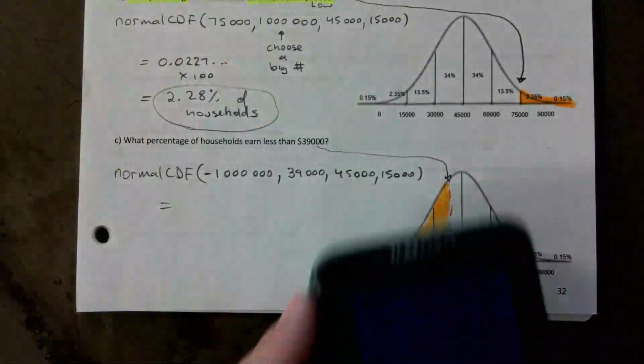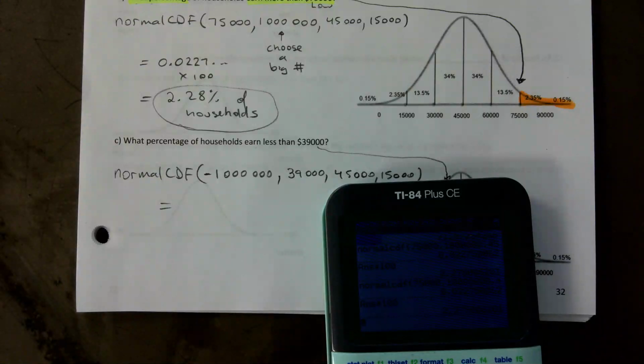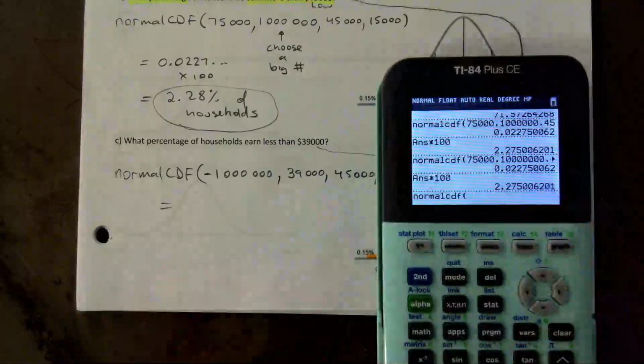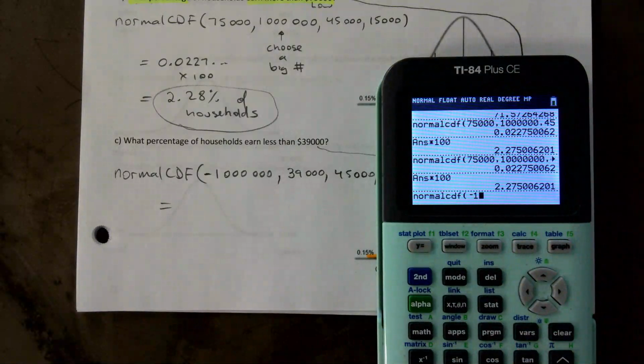So grab your calculators. I'm going to go second, vars, normalCDF, and I'm going to go -1 followed by 6 zeros, comma 39,000, comma 45,000, comma 15,000.